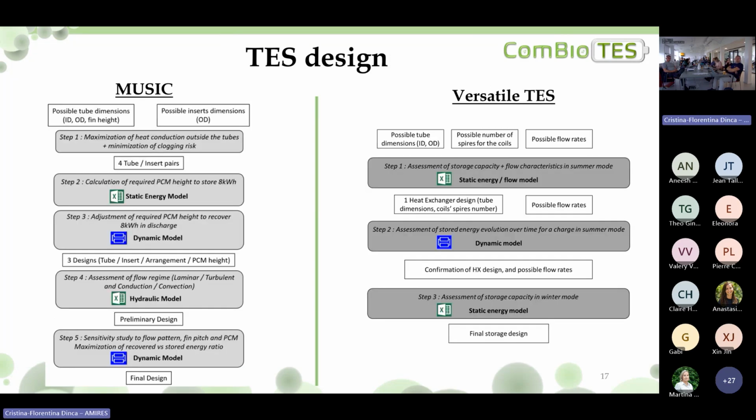So then after the first concept, we need to go on with the design. And so we use basically the same kind of approach for both prototypes. That means that we selected at the beginning some possible combinations between the tubes.